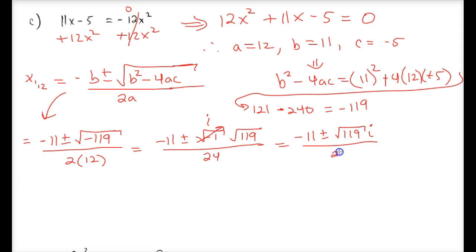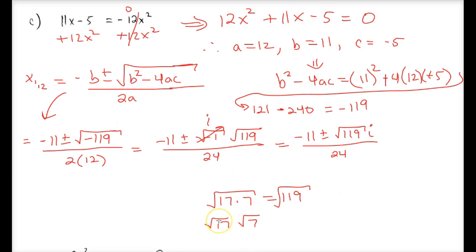Now, if we tried to break down 119, we would quickly see that it wouldn't work for us, because 17 times 7 is 119. Breaking that down would give square root of 17 times square root of 7, and both are irrational.